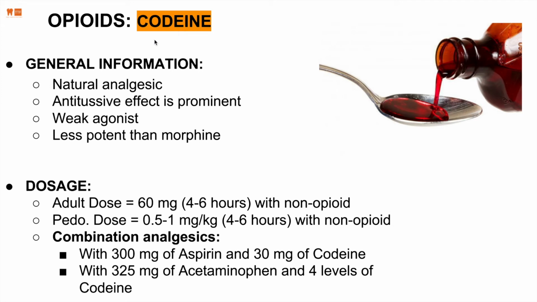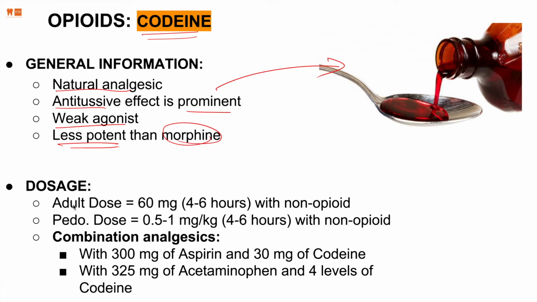Okay, let's move on to the second natural analgesic, codeine. In general information, we know it's a natural analgesic. Its antitussive effect is prominent. Remember Benadryl from our childhood. It causes a weak agonistic effect, not as strong as morphine, therefore it is less potent as compared to morphine.